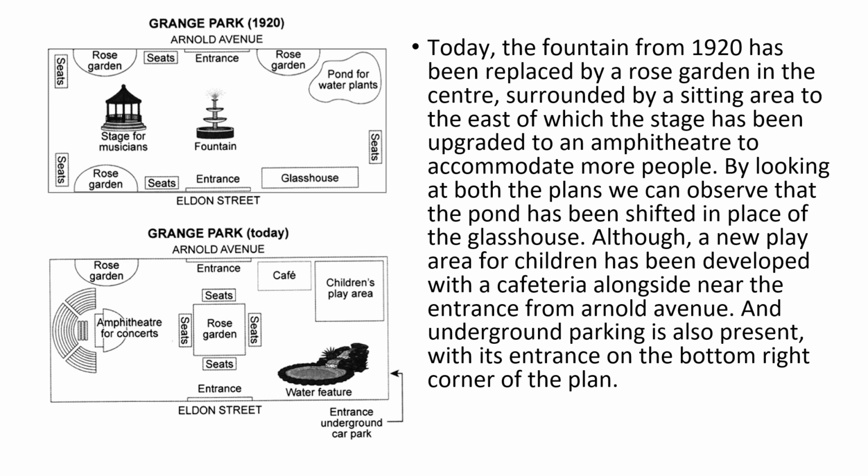From the plans here, we can see there's now a water feature at the bottom right corner of the plan, but we're not sure whether it's a pond or not. It just says here water feature. It might be something different, so I'll just use the word given by the plan and say it's a water feature.